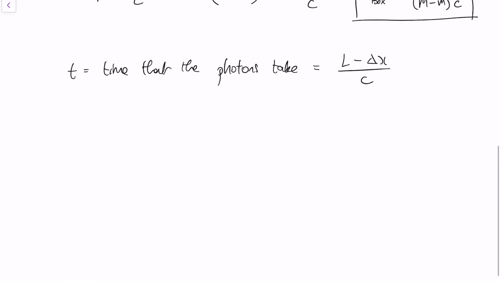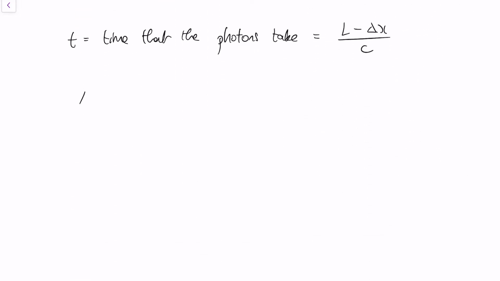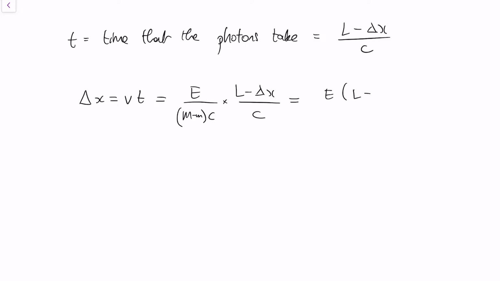So that means we have delta x is equal to vt, that's equal to E over (M minus m) c times (L minus delta x) over c, or we could write it as E into (L minus delta x) divided by (M minus m) c squared.